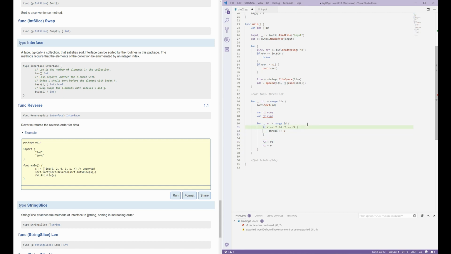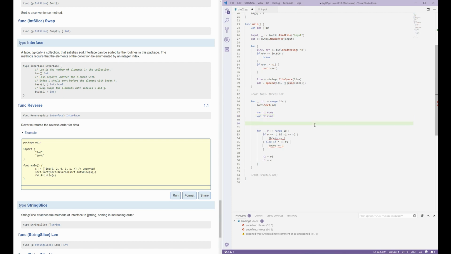What we can do: if R1, so this is the longest one, else if R equals R1, choose, but we can only do this for each ID.